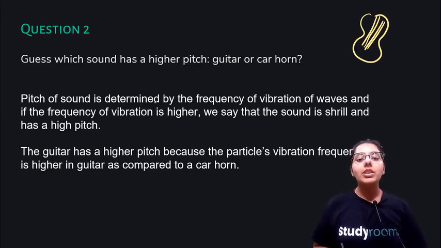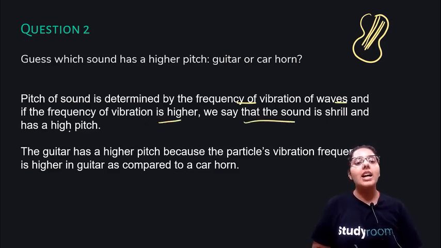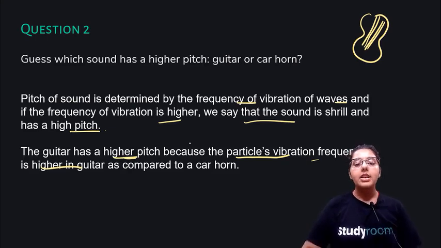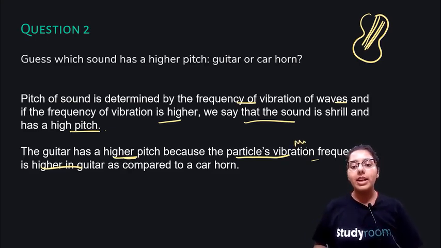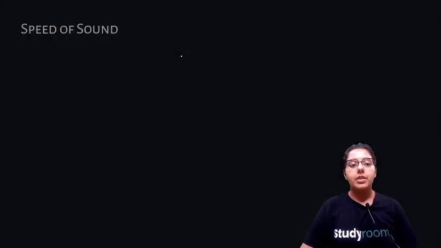So pitch of sound is determined by the frequency of vibration of waves, and if the frequency is higher, we say that the sound is shrill and has a higher pitch. The guitar has a higher pitch because the particles' vibration frequency is higher in guitar as compared to a car horn, right? More vibration because more strings, right? In guitar. So guitar will have a higher pitch.